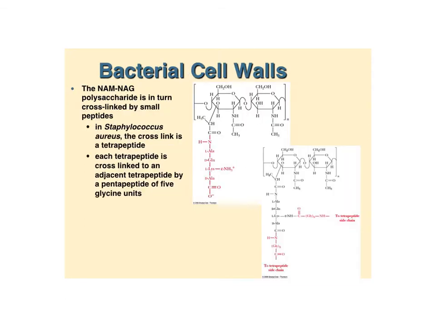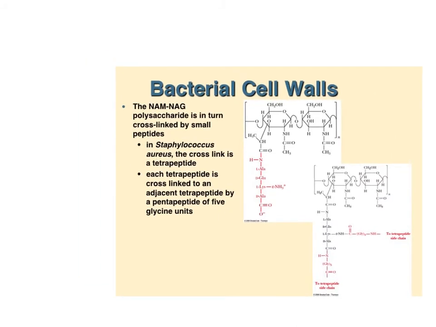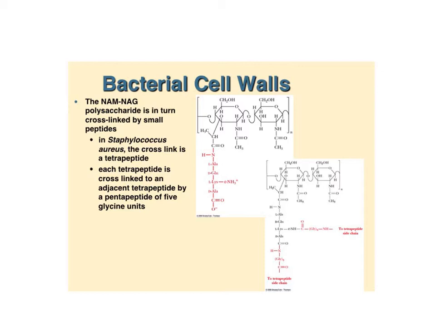And so this is the way they come together, because they're cross-linked not only by hydrogen bonding, but since it has the acetyl group on there, you can actually use that to stick peptides in. So it's a glycoprotein.